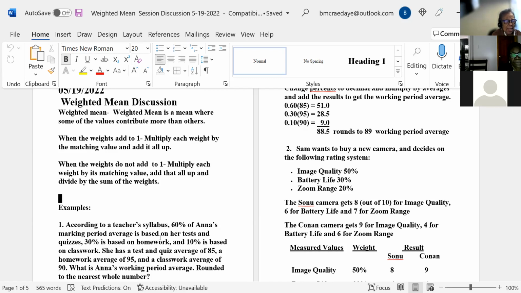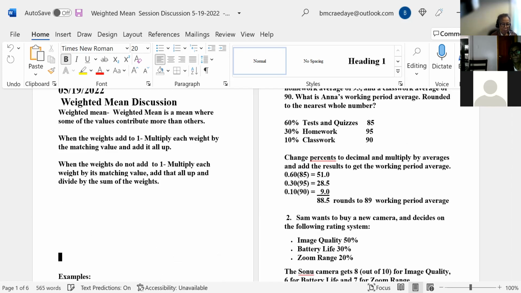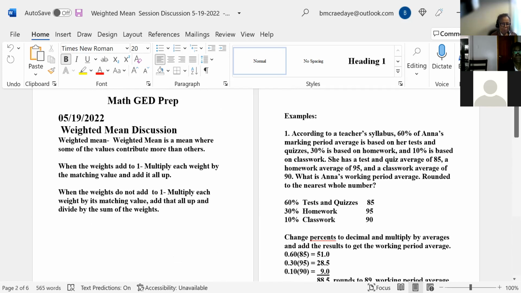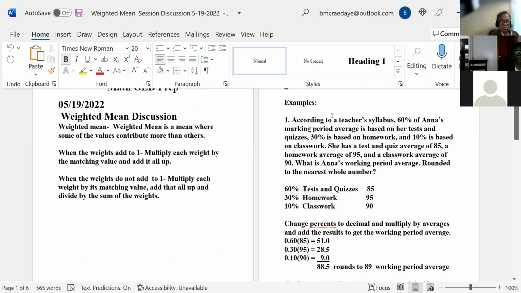This is easier to understand with an example. According to a teacher's syllabus, 60% of Anna's marking period average is based on her tests and quizzes, 30% is based on homework, and 10% is based on classwork.